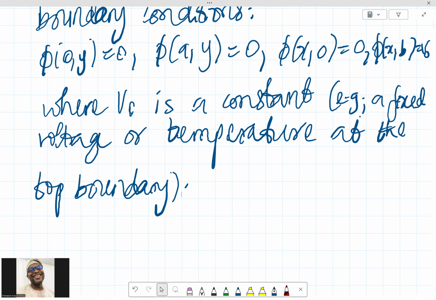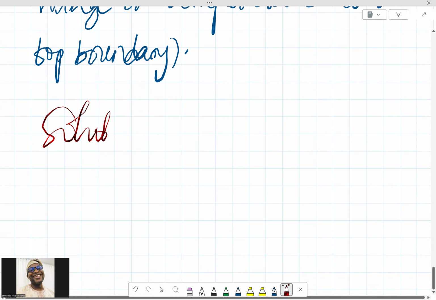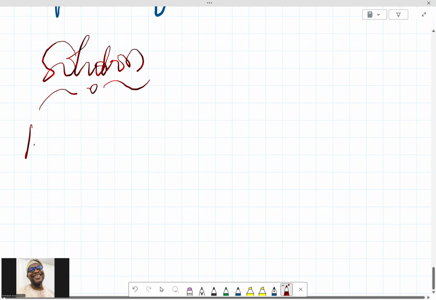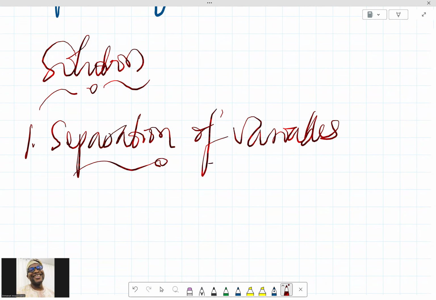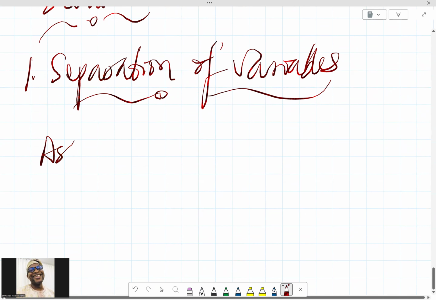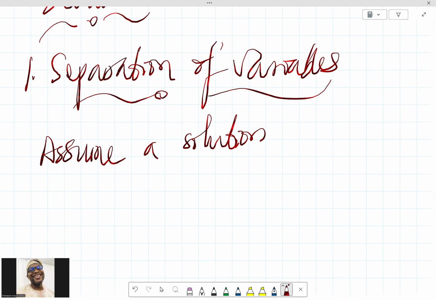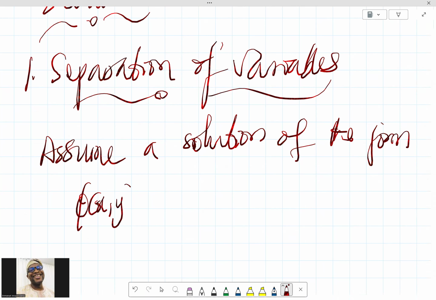So to solve this kind of problem, we can use separation of variables like you already know. The first thing we do is separation of variables, where we assume a solution of the form phi of x comma y equals X of x, Y of y.